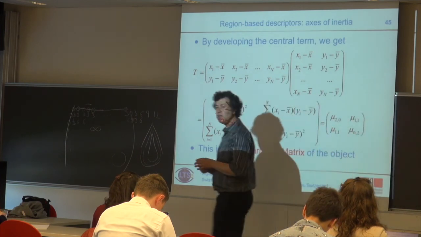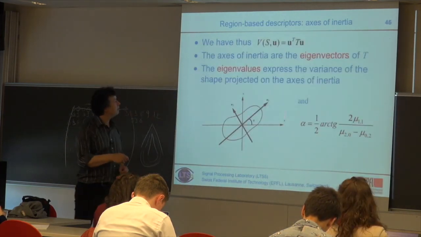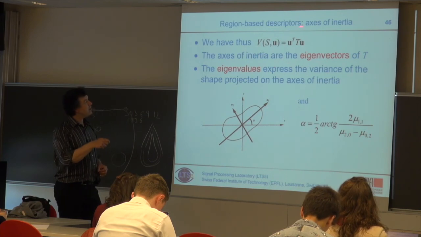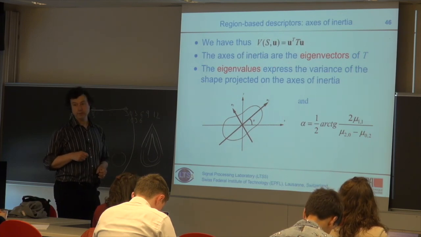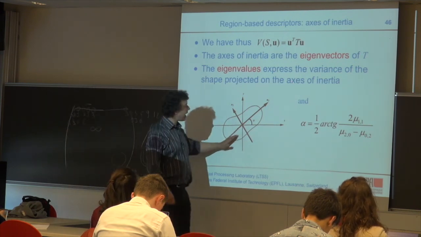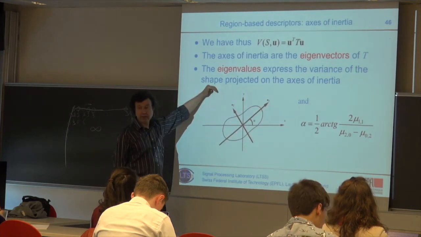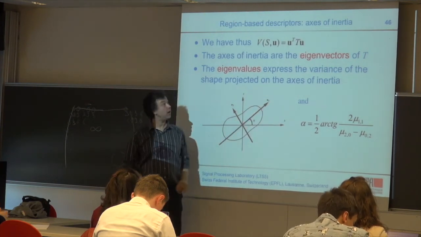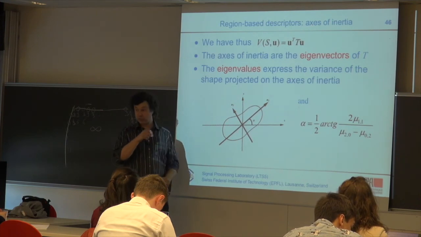This is the covariance. Now, how do I calculate the U that minimizes this expression? This is a typical eigenvector problem. The axes that go through the object the best way are those that minimize this projection.